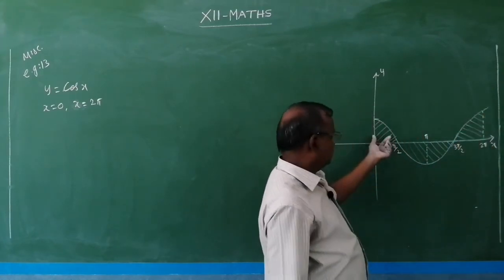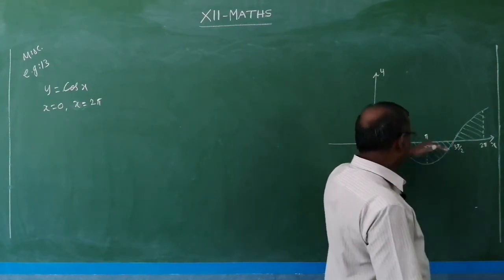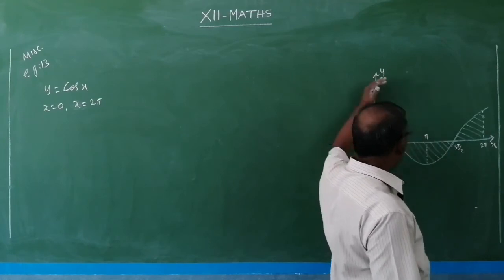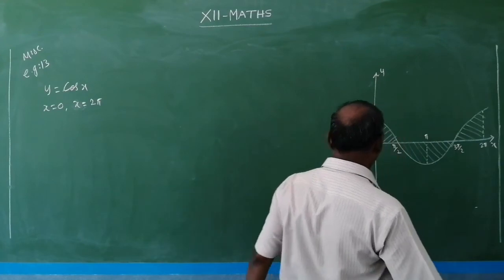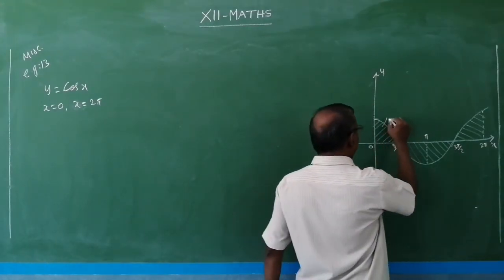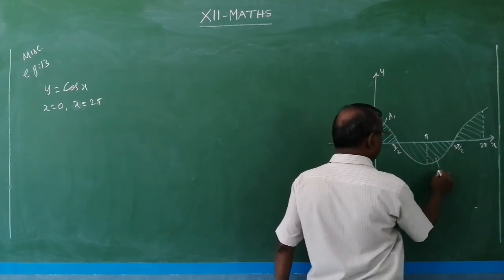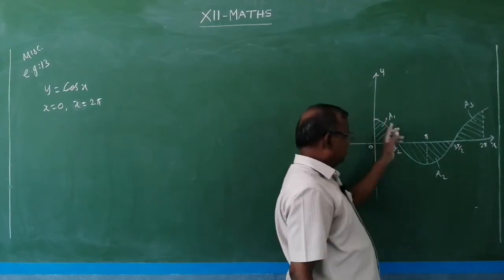The first one is positive, the third one is also positive, the middle one is negative because it is lower than x-axis, therefore y is negative. So we need to put modulus for this part, and the other remaining parts we can integrate directly. So write as usual A1, A2 and A3 for our convenience.